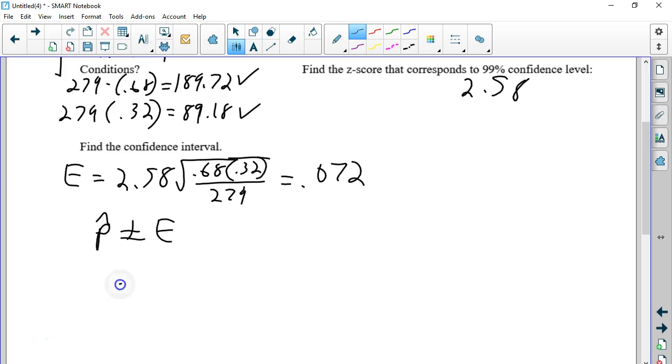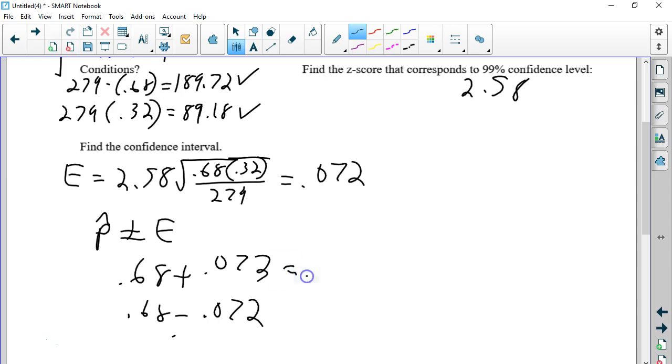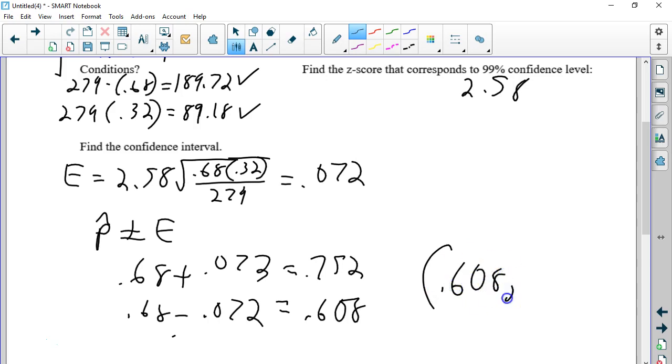So it's going to be 0.68 plus 0.072 and 0.68 minus 0.072. This is going to be 0.752, and this is going to be 0.608, which means my confidence interval is 0.608 to 0.752. And that's it.